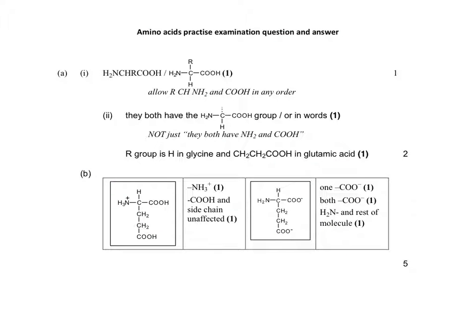So checking the mark scheme, it covers what we've just said pretty much. We talked about the structure, or in words. It's interesting to note you can't just say that they both have NH2 and COOH. What that means is that their arrangement is required as well. And we made reference to H in glycine and CH2CH2COOH in glutamic acid.